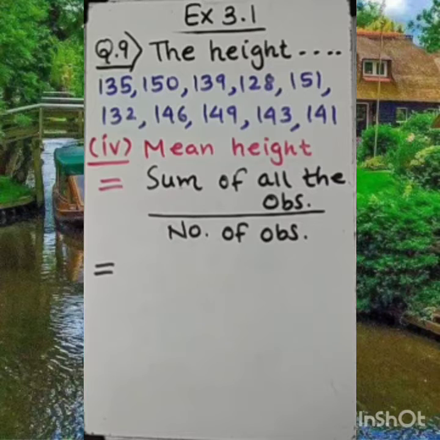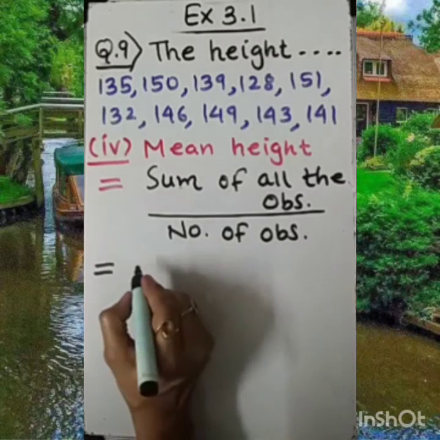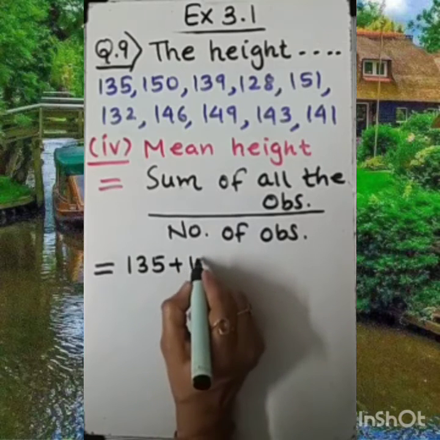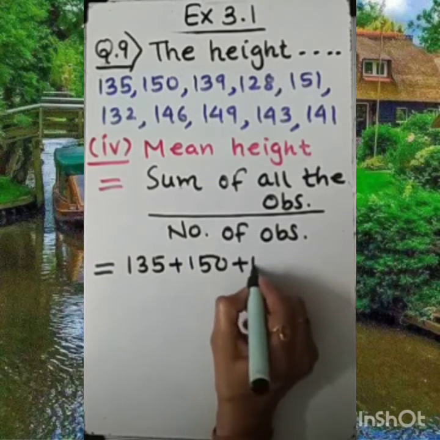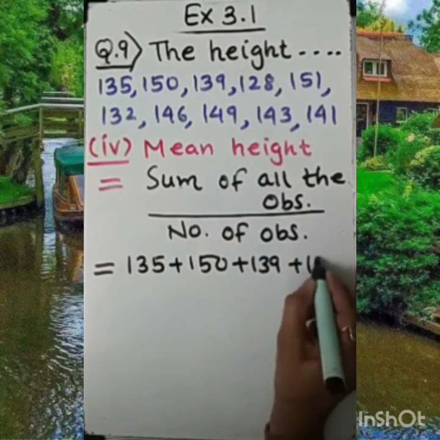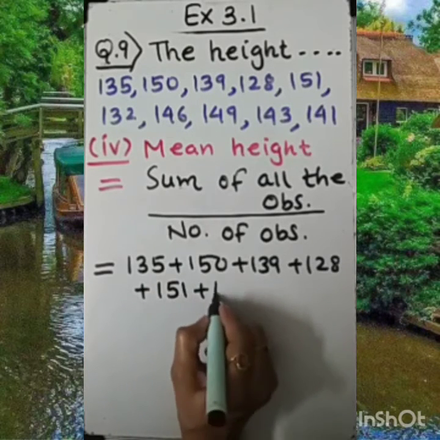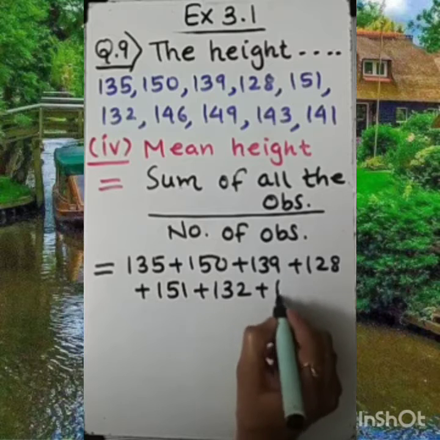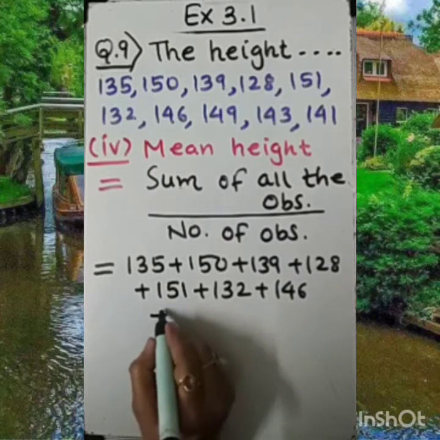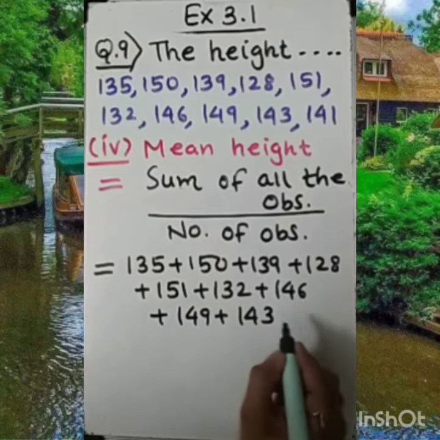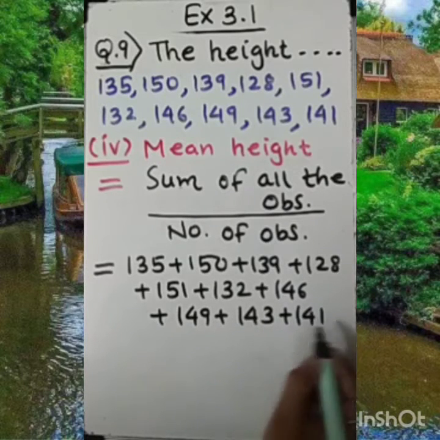So how to go with that? Let's try to understand. Let's add all these given observations: 135, 150, 139, 128 plus 151 plus 132 plus 146 plus 149 plus 143 plus 141.